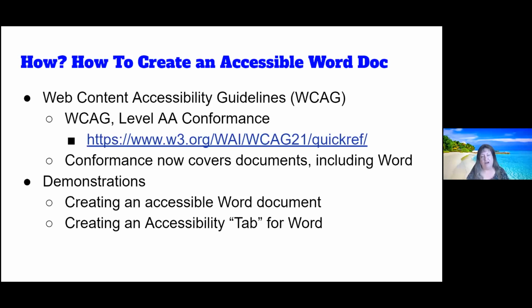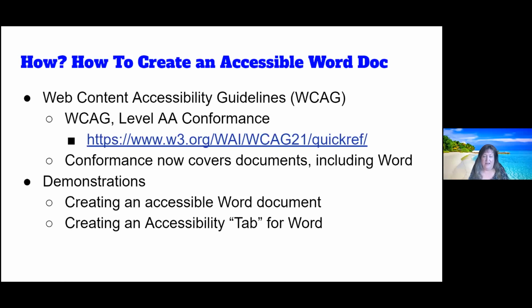And again, primarily we're looking at conforming with AA. So the reason I mentioned the previous laws was because in Section 508, conformance now covers documents, including Word. And it points specifically to WCAG on how to do that. I'm sorry, it's actually with the WCAG update refresh.